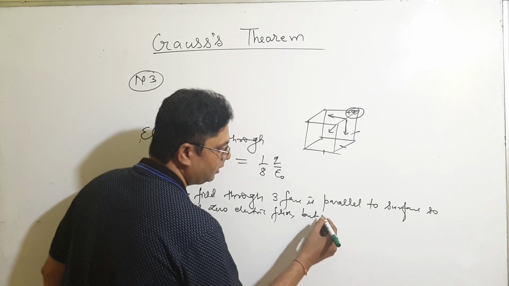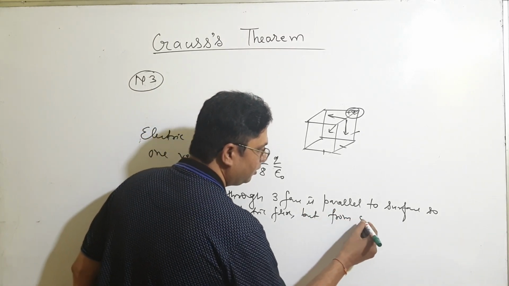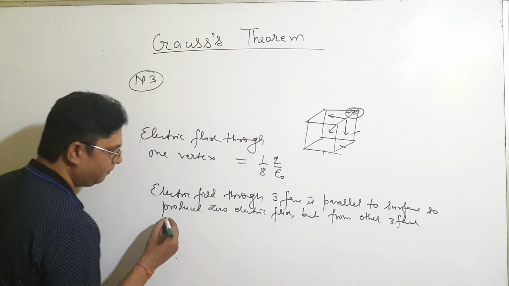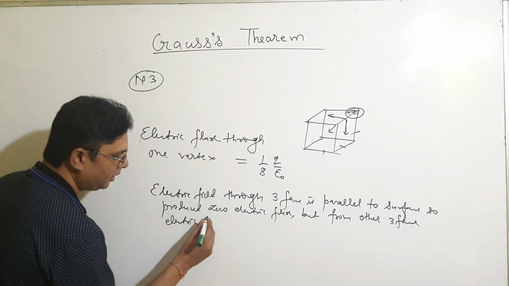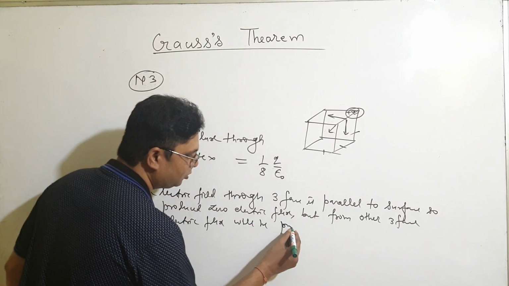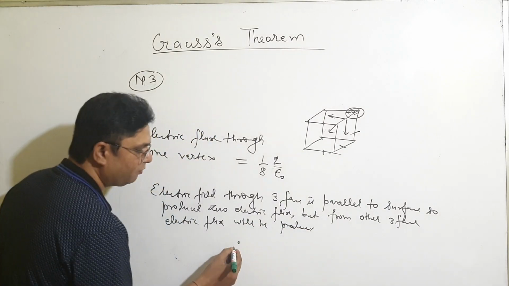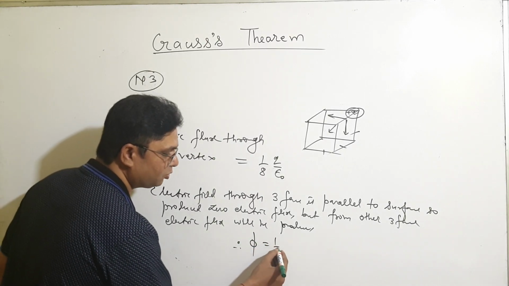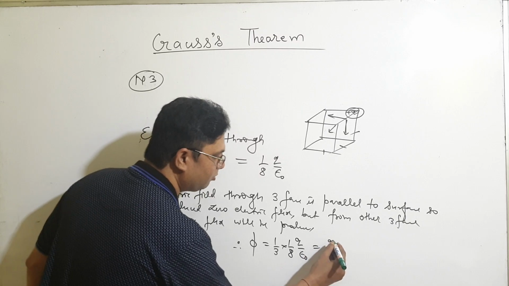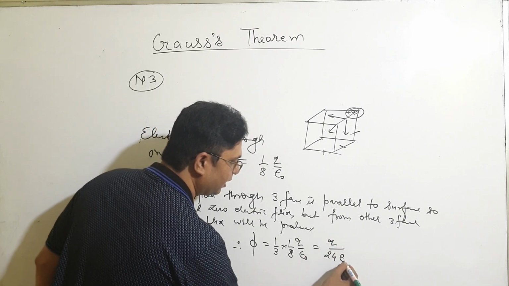But from the other 3 faces electric flux will be produced. Therefore flux phi through one face equals 1 by 3 into 1 by 8 q by epsilon naught, which is equal to q by 24 epsilon naught.